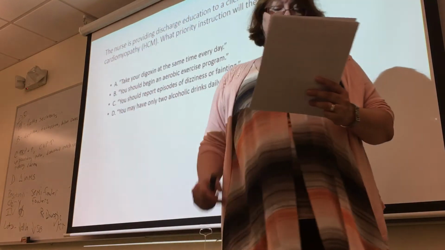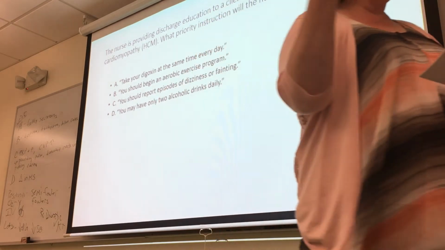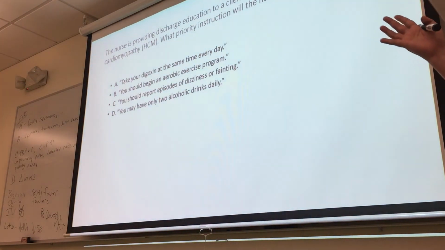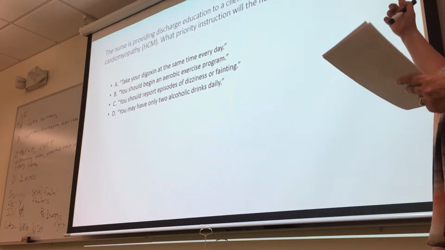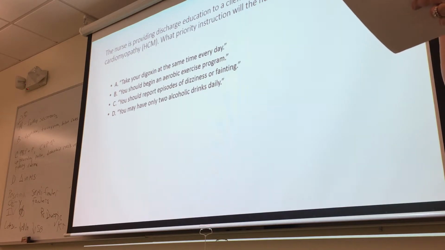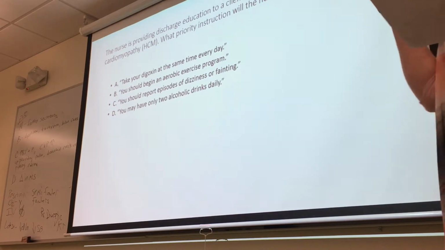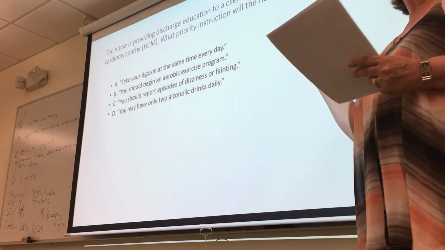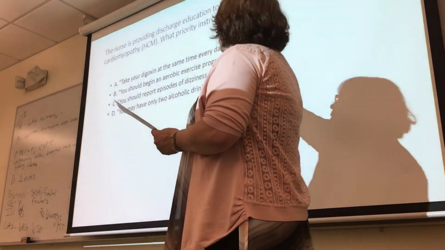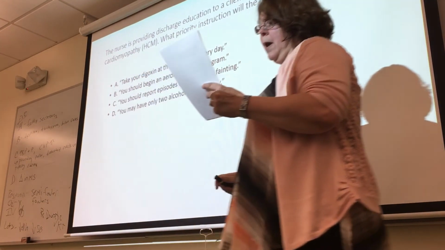So hypertrophic cardiomyopathy, obviously, is a disease of the heart muscle, the myocardium. It usually affects younger kids, and we do tend to see it with people who play sports. So C is correct.